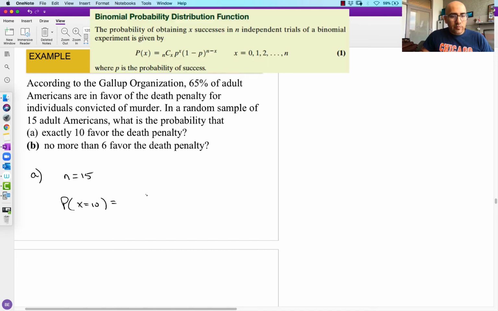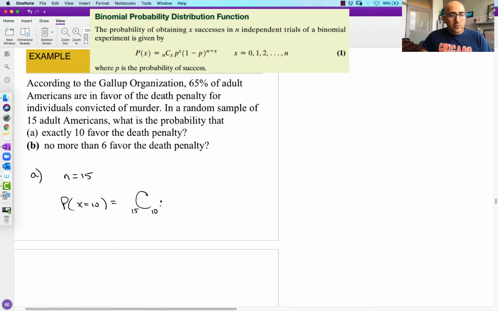And we know from our formula that means it's combinations of 15 choose 10. This will tell you all the different ways in which we can choose 10 out of 15 who favor the death penalty, right? Remember, this doesn't care about order. They just want to know 10 out of the 15. It doesn't matter what the order was in which you selected them. But in order to find that probability, we have to think about all the different ways in which you can reach this result of 10 out of 15 when order does matter.